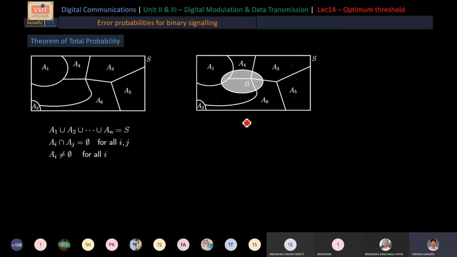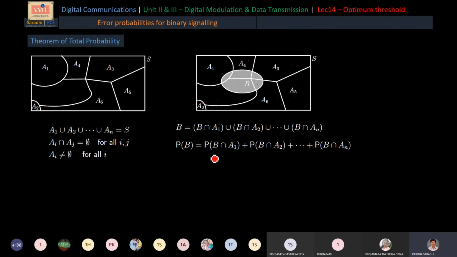So the probability of occurrence of B can be calculated by looking at this Venn diagram: B is actually the intersection with A1, A2, and so on, whatever regions it is overlapping with. The probability of B is the sum of the probabilities of the intersection regions.